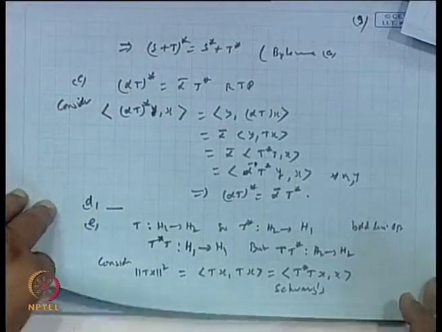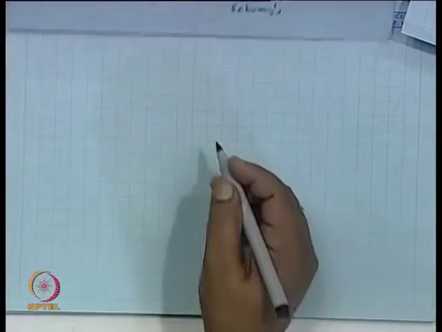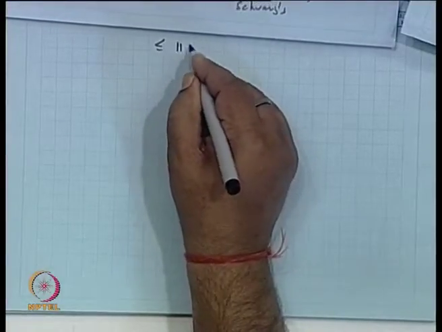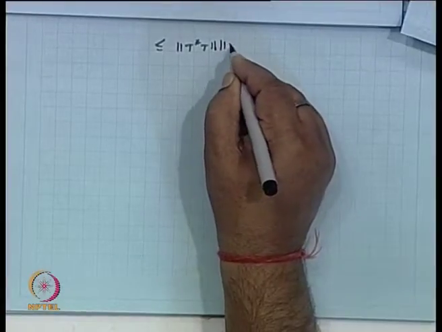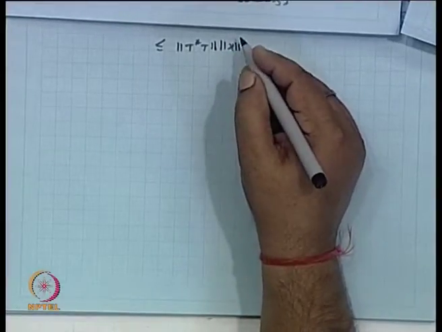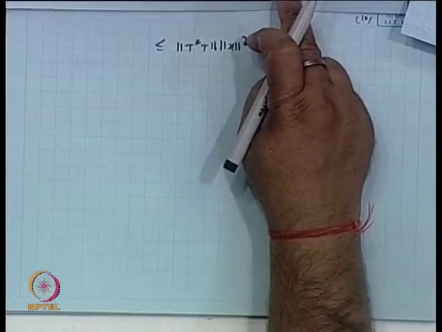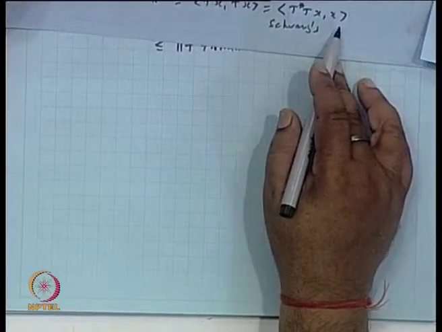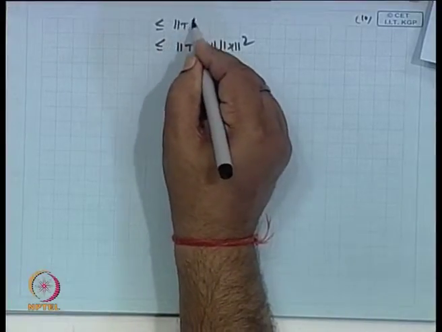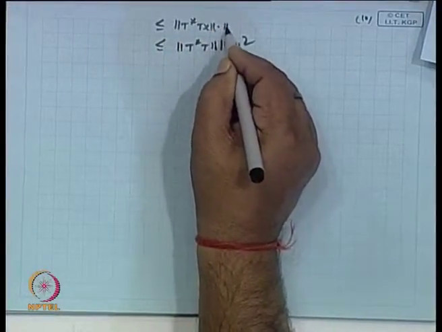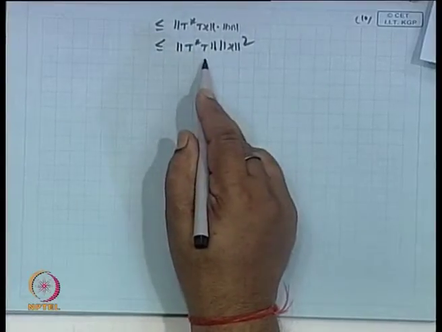So, by applying the Schwarz inequality, we get from here that this is less than or equal to norm of T star T into norm of x into norm of x, that is, norm x square, is it not? It is norm of this into norm of this, and again this is less than or equal to norm of T star T into norm of x square. Further we get this part: norm of T star T, divided by norm x square.